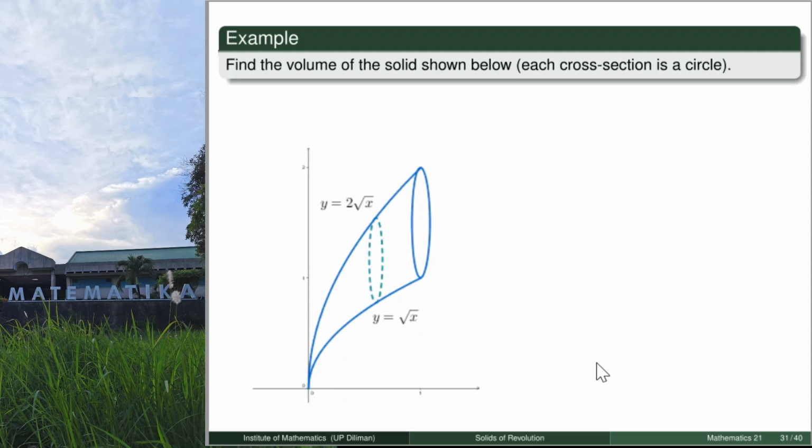Our next question is the area of the cross-section. Since the cross-section is a circle, the area of a circle is pi r squared. So our question is, what is the radius r? If you notice, for this circle, it's hard to find the center.